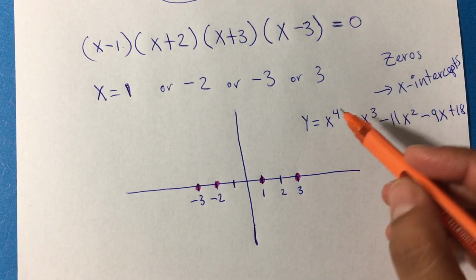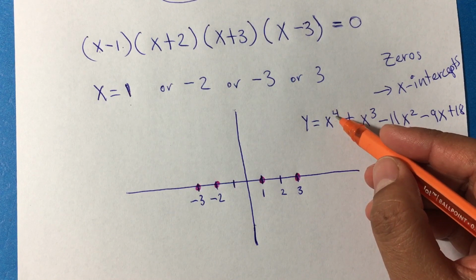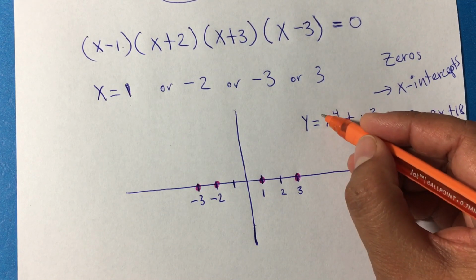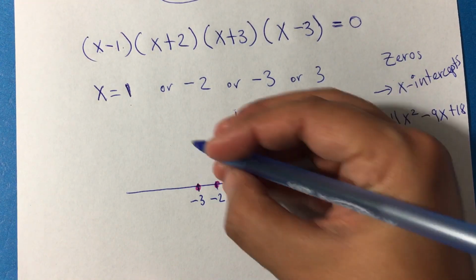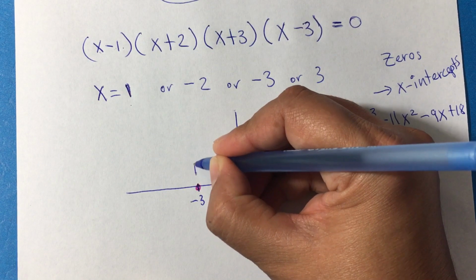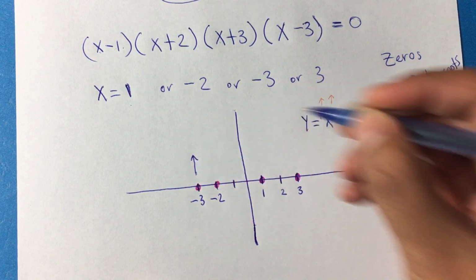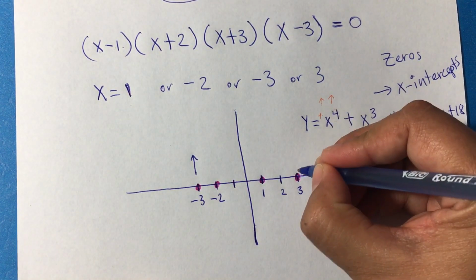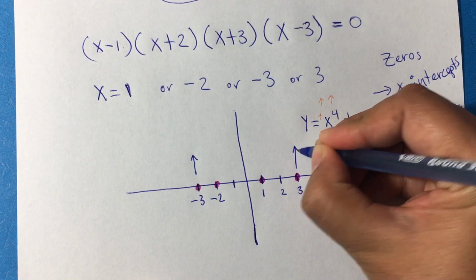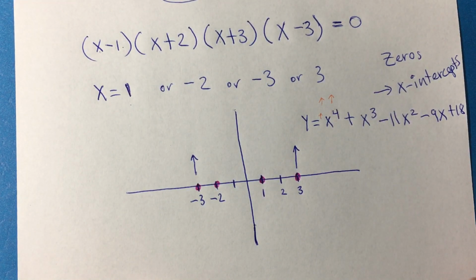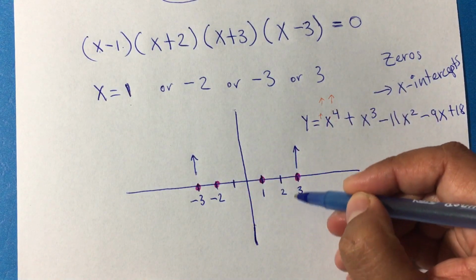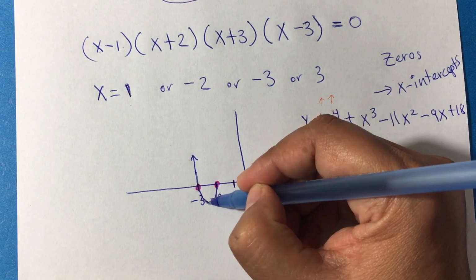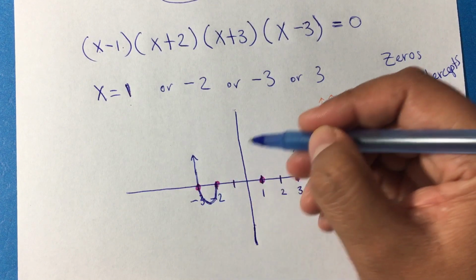And so, again, because it's even, both are going to be shooting in the same direction. Because it's positive, both will be up. And that means that from this point, this is going to be my end behavior. And on the right side, it's also going to be shooting up. Now, I can just sketch it. We don't know exactly where the local minima or the local maxima will be.